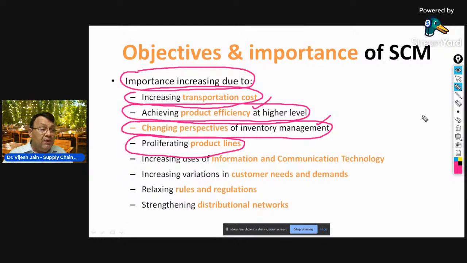If we talk of the challenges that are faced by today's international supply chain management professionals, and increasing use of the ICT, information and communication technology, wherein the need of the ICT deployment is very much important, very much desirable, and it has helped actually.